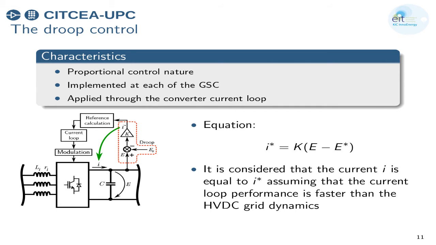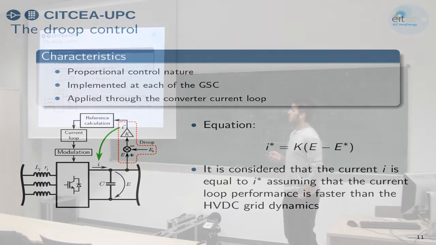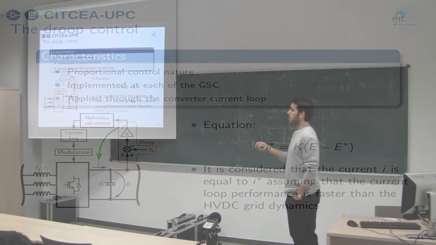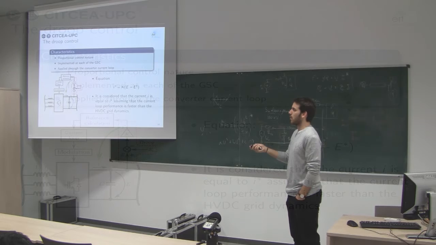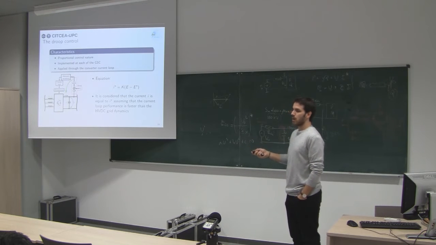Then you have the measurement, so you calculate the error here, and based on that error, you are multiplying that error by a constant k. It's a classical proportional controller, so it's very simple. Okay, so this is basically the main idea. For my study, I assume that there is a lot going on in the converter, but we have a reference calculation and a current loop.